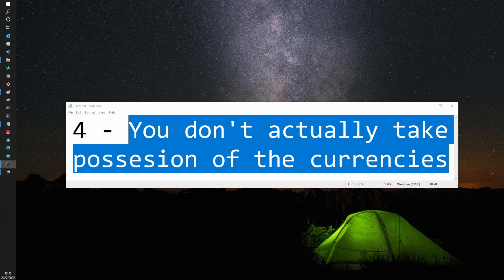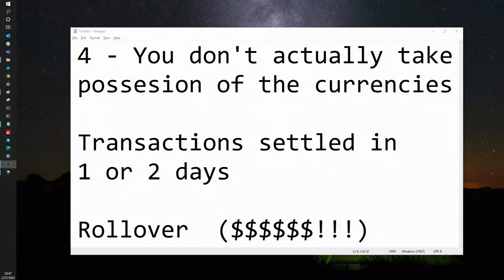That is not what is going on here, which makes more sense of why you can trade any currency pair regardless of the denomination that you happen to be holding in your trading account. Now remember, we're talking about retail traders. We are not institutions.